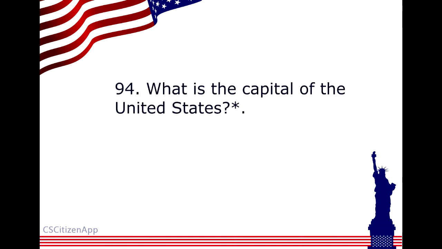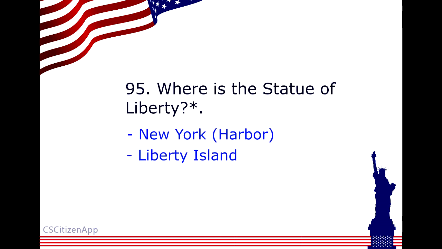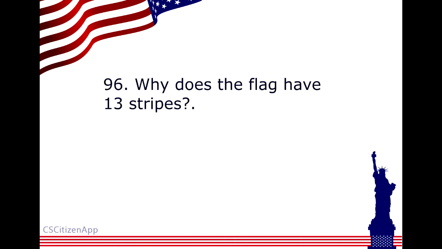What is the capital of the United States? Washington, D.C. Where is the Statue of Liberty? New York Harbor. Liberty Island. Also acceptable are New Jersey, near New York City, and on the Hudson River. Why does the flag have 13 stripes?